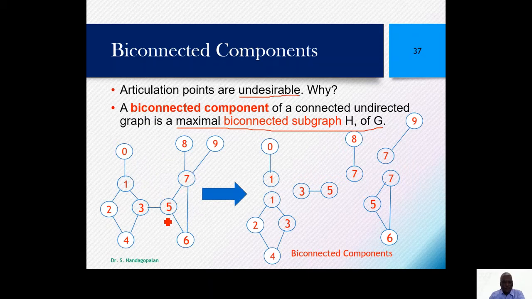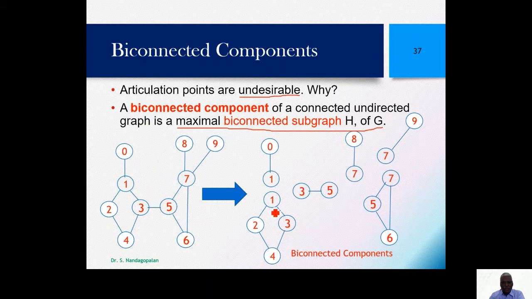Now this is the graph, and we are supposed to find the biconnected components. Remember, a biconnected component is a subgraph where we have connectivity, that means it's fully connected, and that particular subgraph should be biconnected, which means it should not have any articulation points.